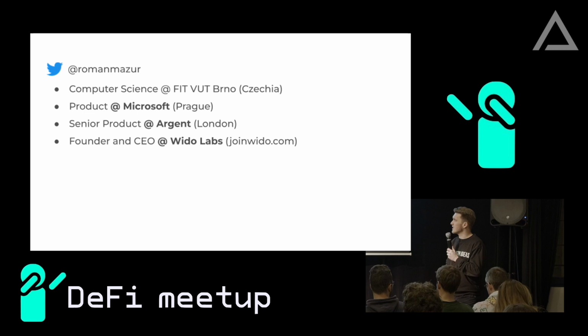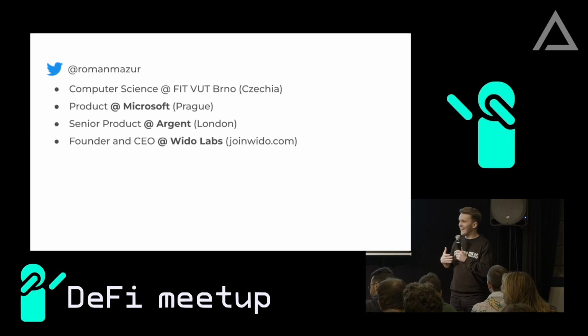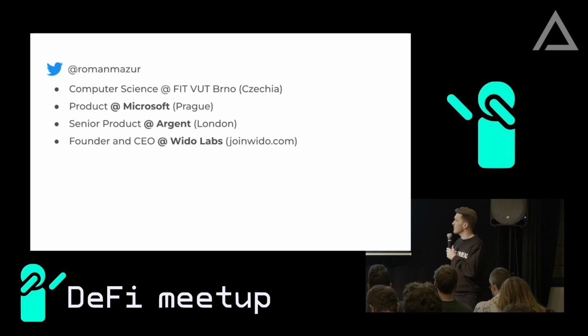And now I'm the founder and CEO of Wido Labs. I'm not going to shill Wido Labs throughout the talk, except for now. Just very briefly, we're building a set of tools for DeFi apps and wallets to make the user experience better. We're working with protocols like ETH Finance and Compound and building some tools inside the apps.